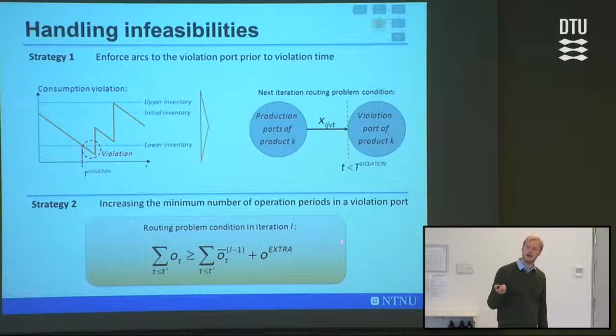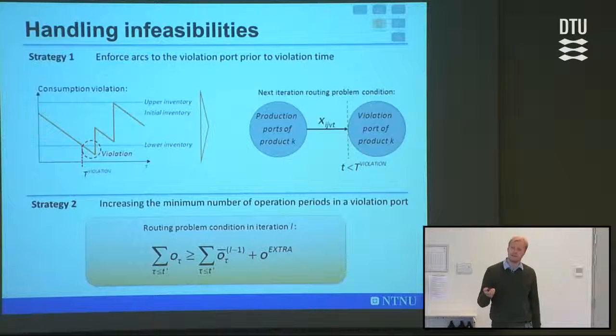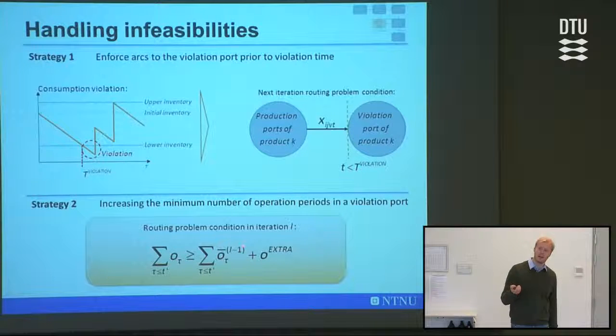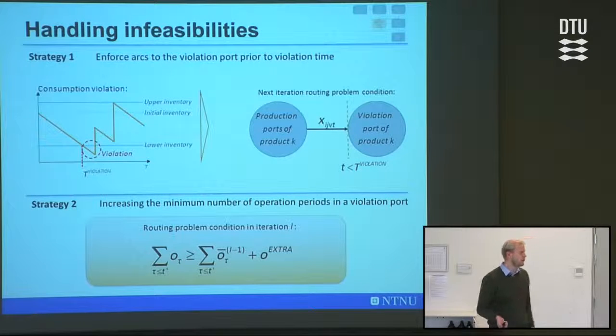The next strategy is to see how many operation periods we have before the violation in the iteration before this one, and then we add a few extra. We say, oh, we need 2 more.